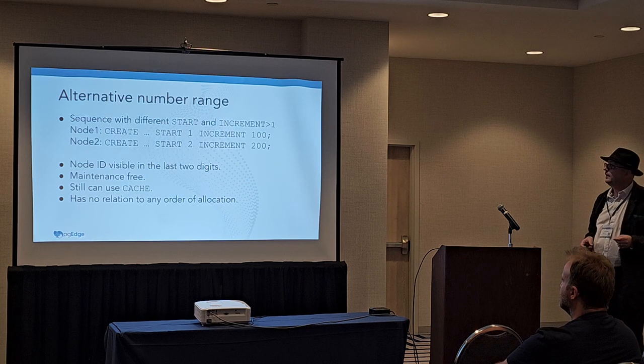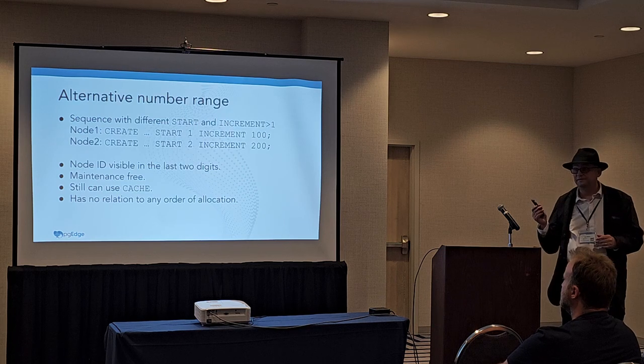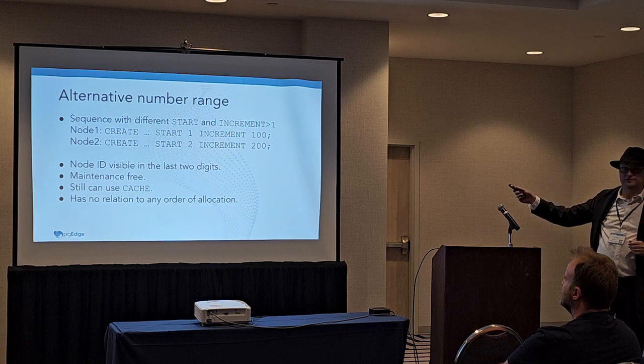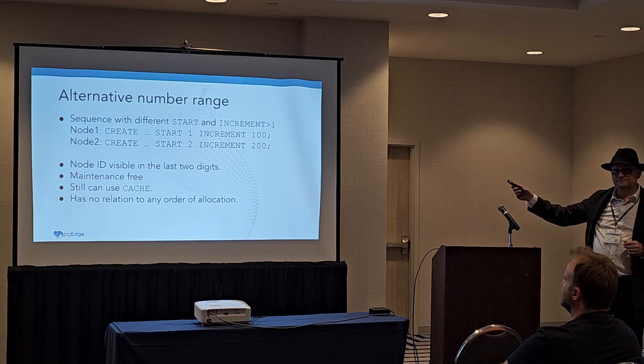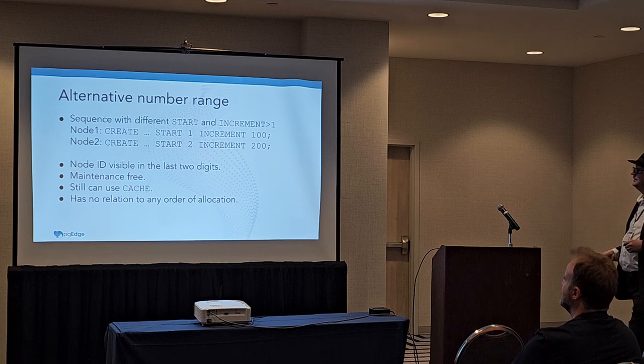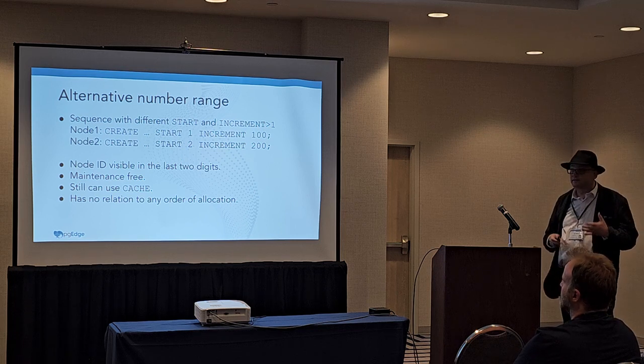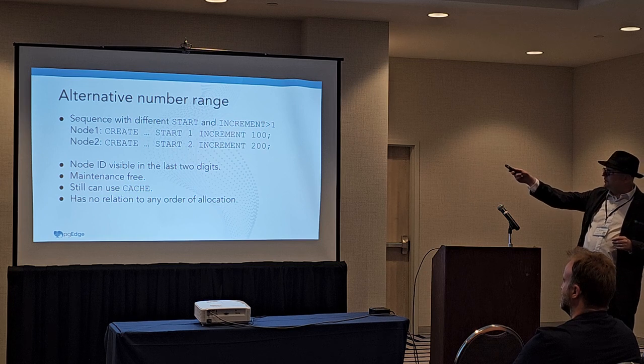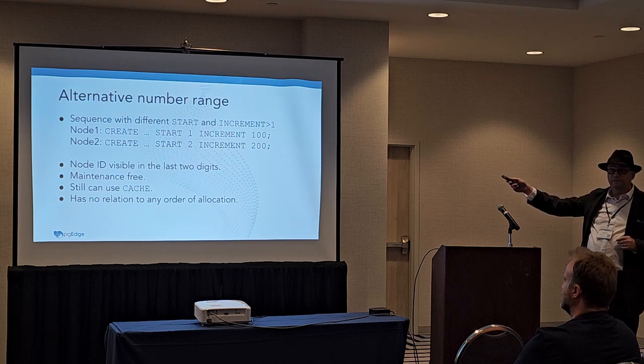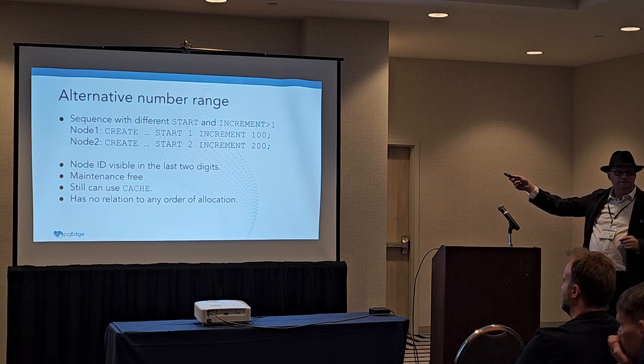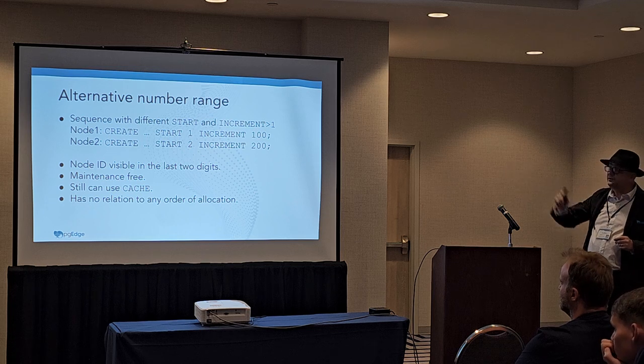However, there's another way. These are also number ranges, strictly speaking. So what I do here is I create a sequence, but then I start it on a different number on every node in the cluster and increment it by 100.